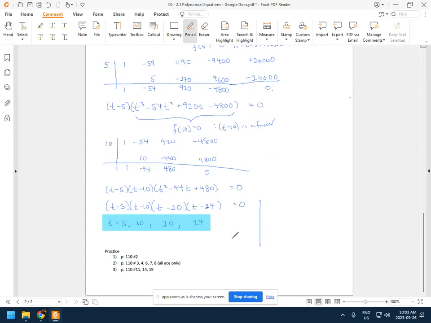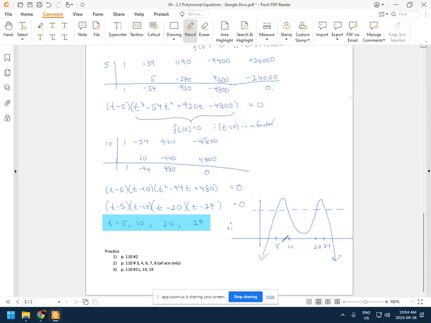If this was my roller coaster, so therefore, let's see, a degree of 4, it is upside down. It's probably going to look something like, so let's pretend that's 5, that's 10, that's 20, and that's 24. It's probably going to look something like that.